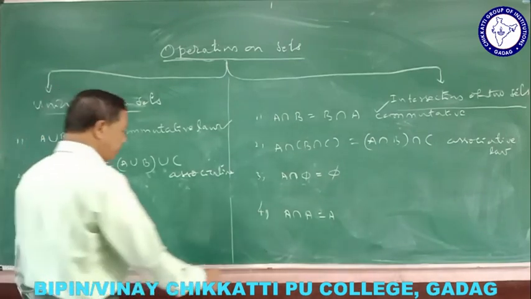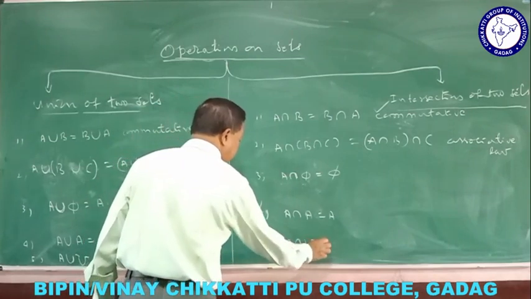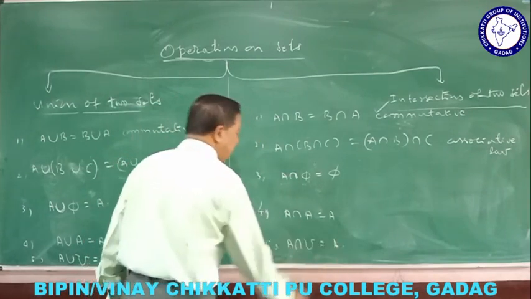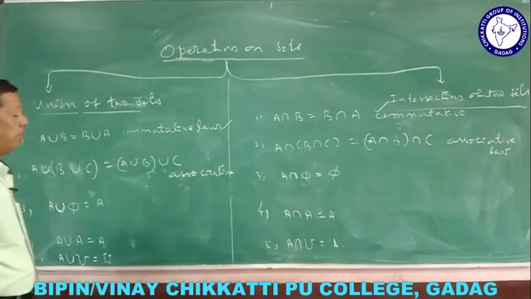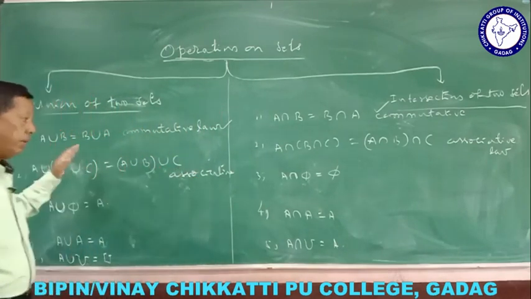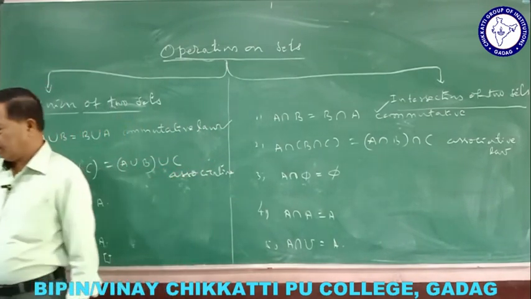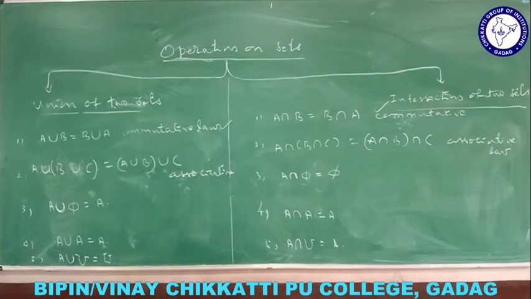Similarly, when you go for A intersection U, ultimately you will get A, because we will find only the common elements. These are the properties of union of two sets and properties of intersection of two sets. Thereby one can understand the two operations on sets, intersection and union.